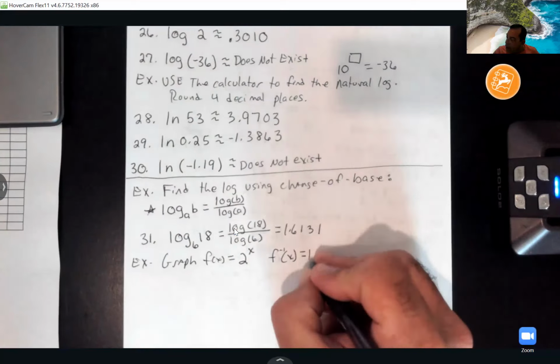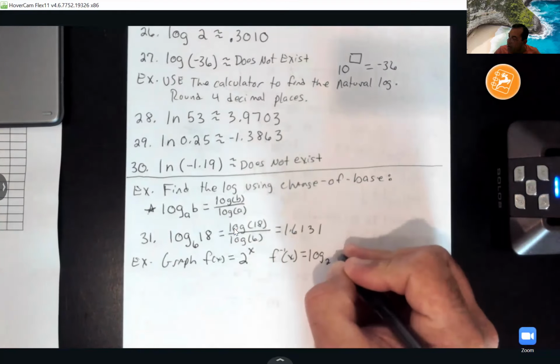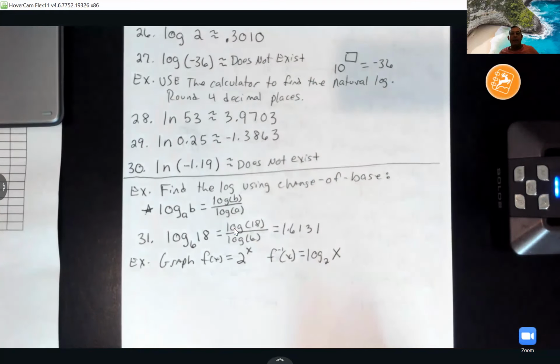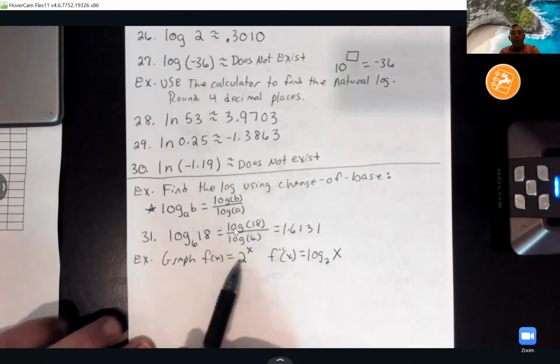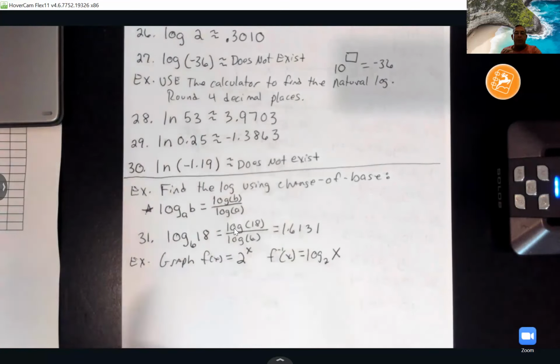On this one, they have a log base 2 of x. So I would put this one in y1 and this one in y2.